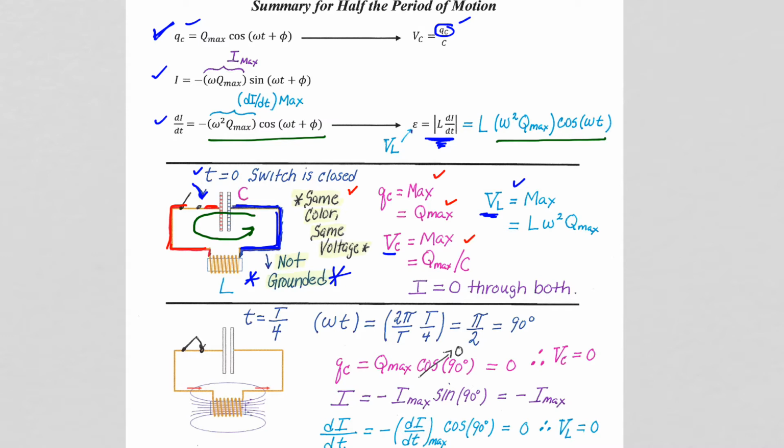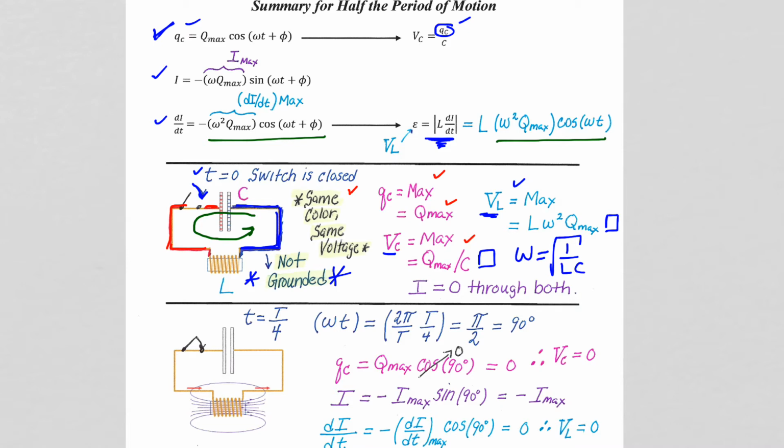So we know that Q on C has to equal L omega squared Q, and if you set those equal, you will see omega equals the square root of 1 on LC.